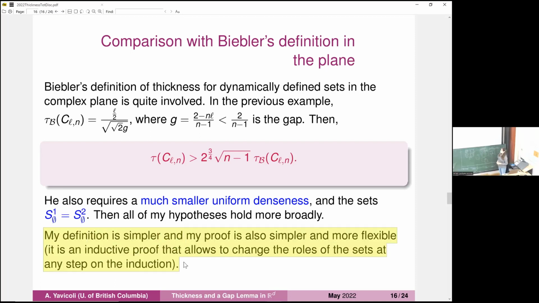My proof is also simpler, different, and more flexible because it's an inductive proof that allows to change the role of the sets while doing the induction, right? This is more like Newhouse's proof in the real line. He also has certain change in the roles. So this is somehow more reasonable.